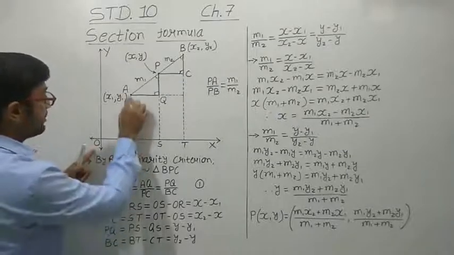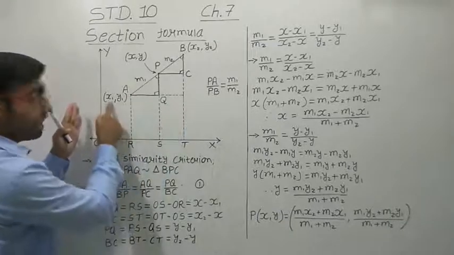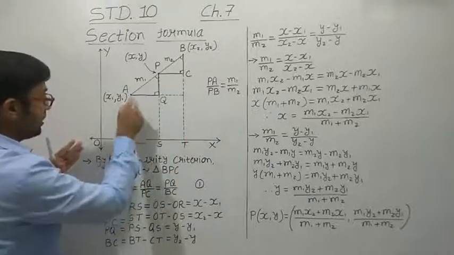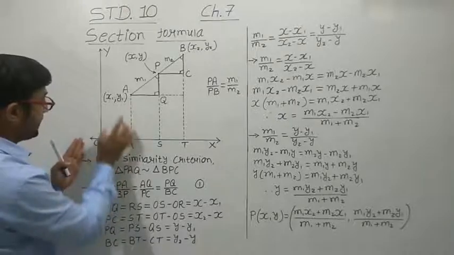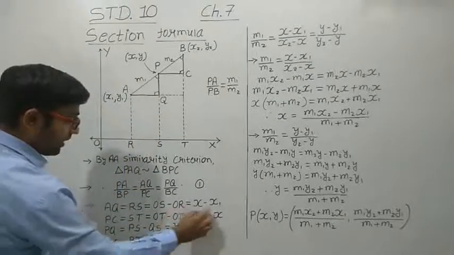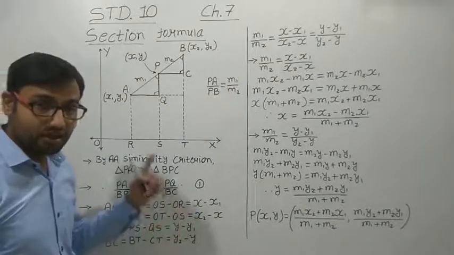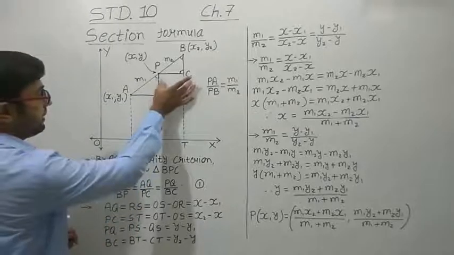R means this point A. A point is at a distance of x1 from the origin on the x-axis. So this point and this point are on the same line, so R point is also at an x1 distance from the origin. So OR we can write down as x1. Understand this thing? Okay.